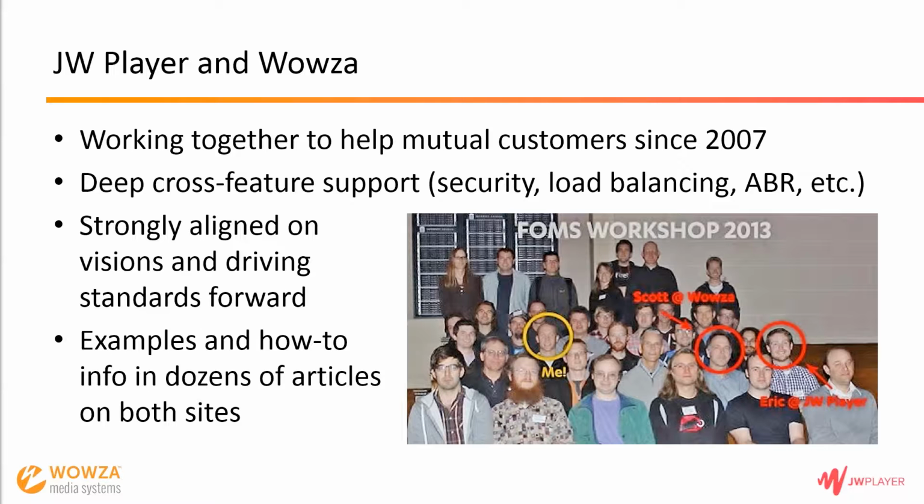We support all the load balancing functionalities that Wowza offers, either on the RTMP level, on the HTTP level, or on the DNS level. And the adaptive bitrate protocols that Chris just alluded to, we're definitely supporting them as well in JW Player. So not only can you play out adaptive bitrate from the Wowza engine, JW Player will pick it up and will make sure that the best quality is served up to the viewer.